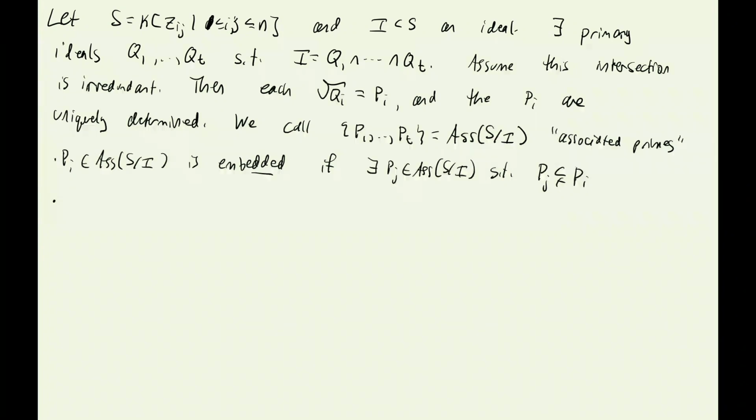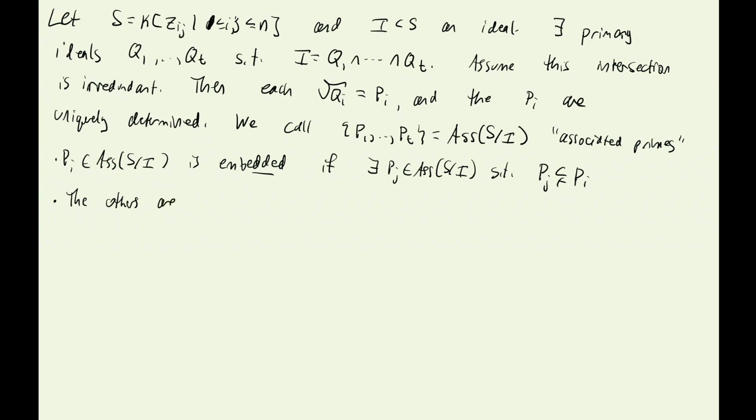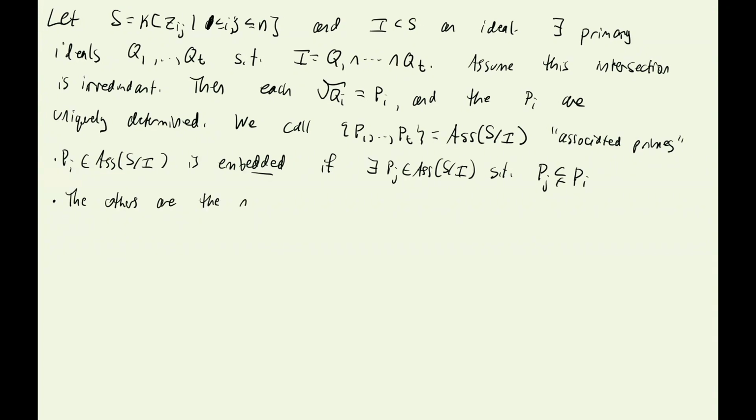And then everybody else, the ones that are minimal with respect to containment, are the minimal primes of S mod I. And we'll denote this min S mod I. Within minimal primes, there are two things that can happen.